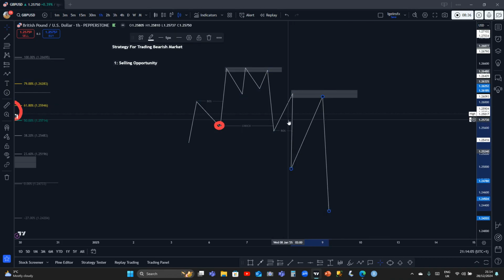All you need to do is wait for price action to retrace back to the origin that caused the break of structure, then let it pull back to the place, then you join to push the price to the downside.